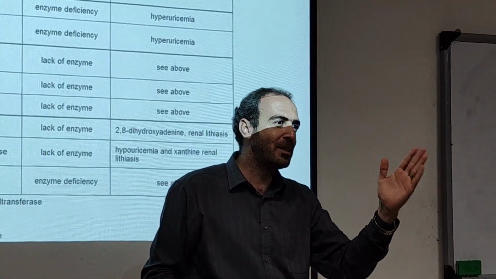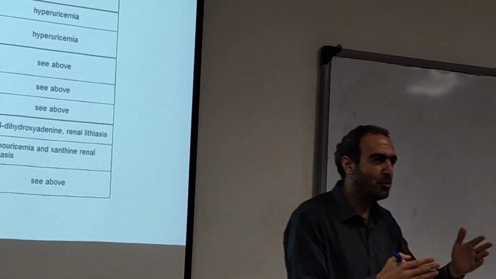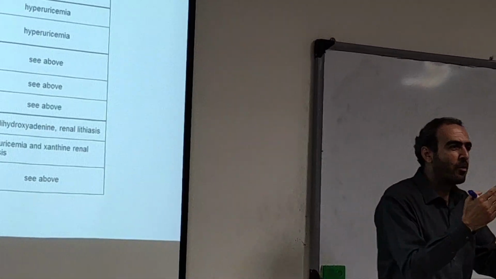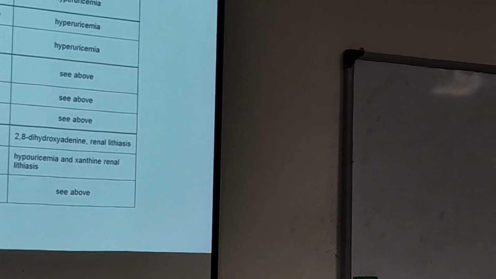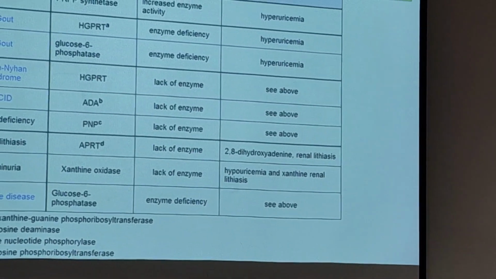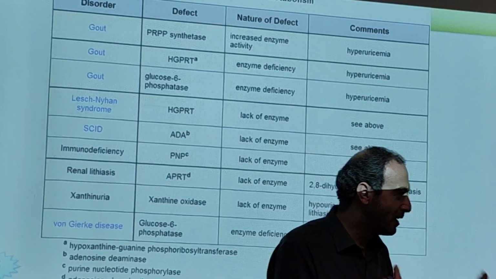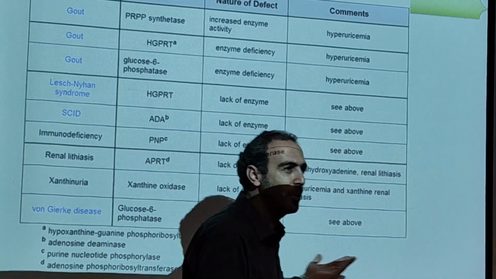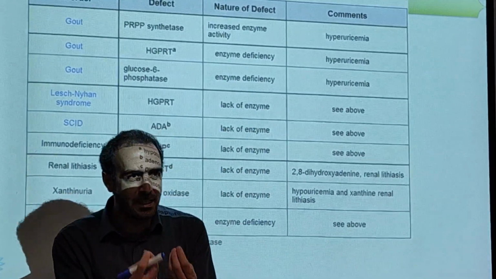The other pathway is the pentose phosphate pathway and produces ribose phosphate. Ribose phosphate produces PRPP, and PRPP increases the production rate of purine. And when we have increased purine production, we also have hyperuricemia. That is the reason.